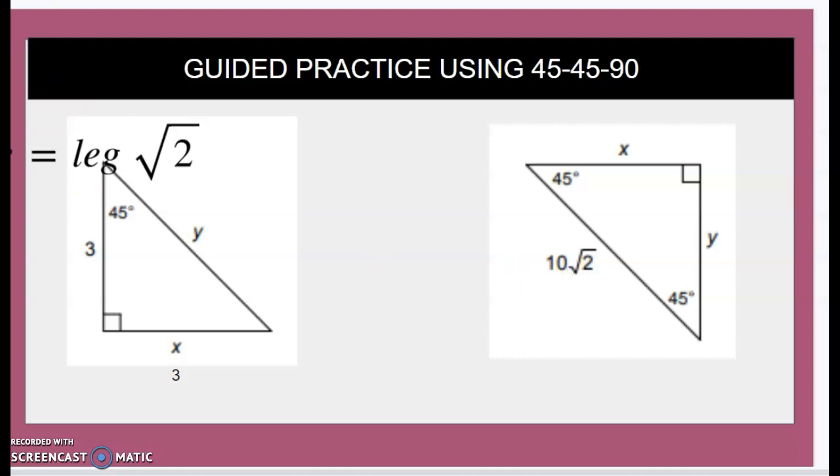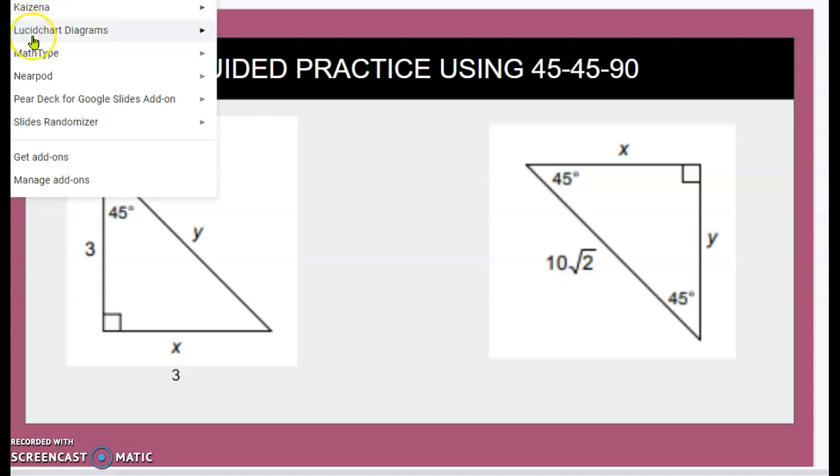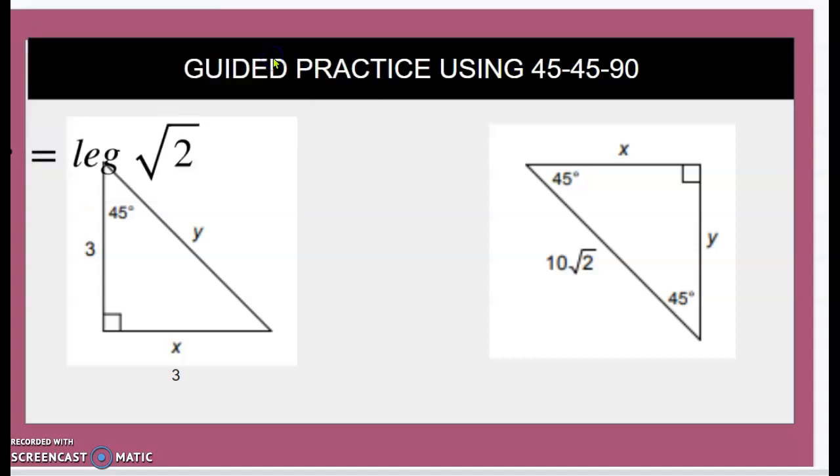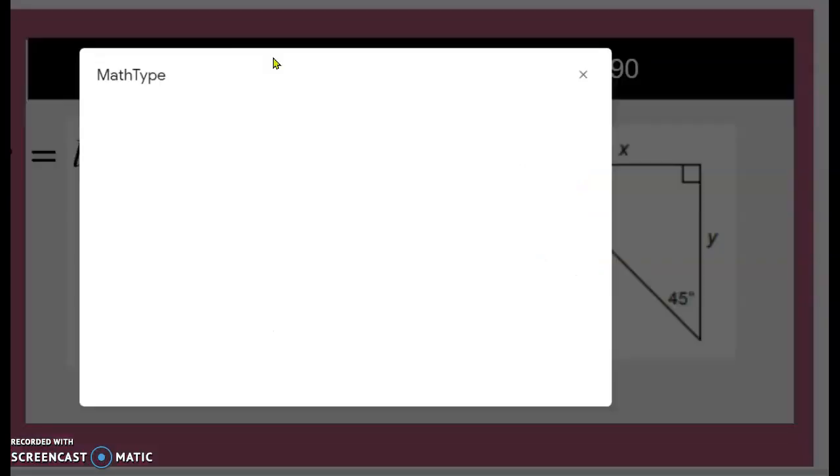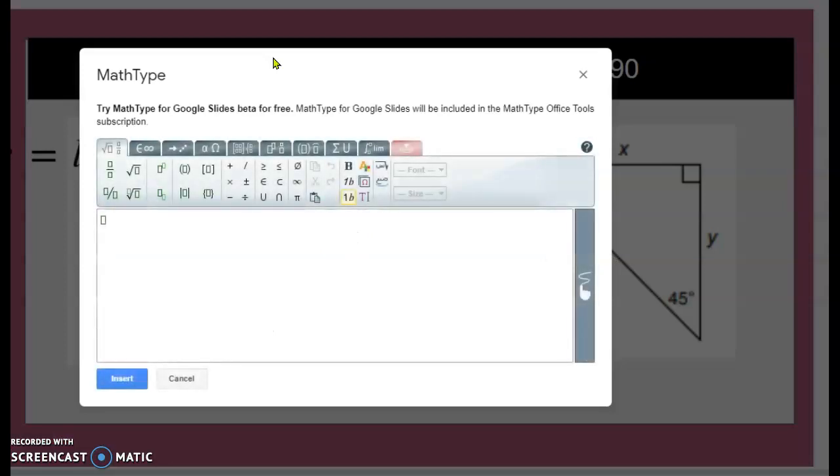So when we're looking for the length of the legs, we're going to divide by the square root of 2. So once again, just remember, hypotenuse divide, leg multiply. Okay, so the hypotenuse in this case was 10 square roots of 2.